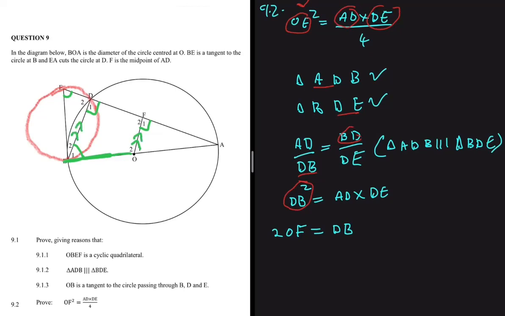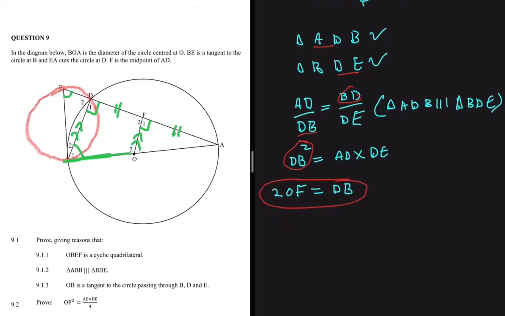But because F is the midpoint of AD, then we have AF being equal to FD. If AF is equal to FD, then OF should be half of DB. So that is why here I'm saying that 2OF is equal to DB, right? So if we substitute that back in our equation, we're going to get (2OF) squared being equal to AD multiplied by DE.